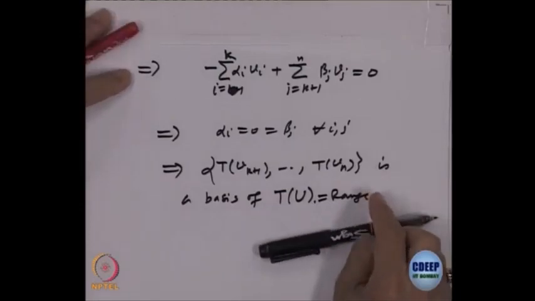So, basically the idea is we start with a basis of the kernel which is in V, enlarge it to a basis of whole of V. The first k that you started with are in the kernel, so their images will be 0, they do not contribute anything. The remaining n minus k will contribute to the range of T, they will be independent and everything will be generated by them.